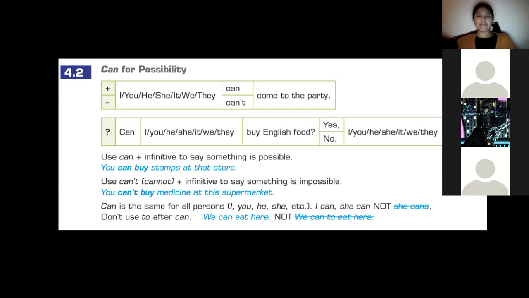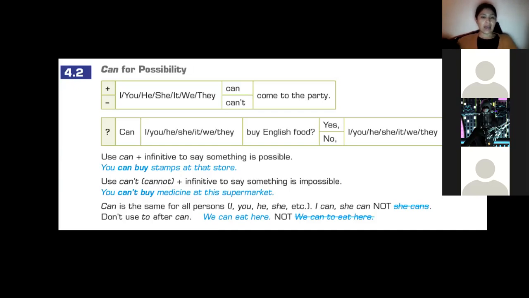Como les comentaba del infinitive, el infinitive también lo podemos encontrar con to. Por ejemplo, I want to eat sushi. I need to go to the doctor. Y eso también es infinitive. Pero va a haber situaciones en las que les vamos a agregar el to y va a haber situaciones en las que se las vamos a quitar. En este contexto, cuando usamos can, no necesitamos agregar el to a la oración.